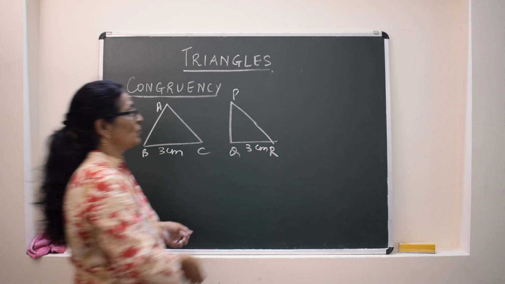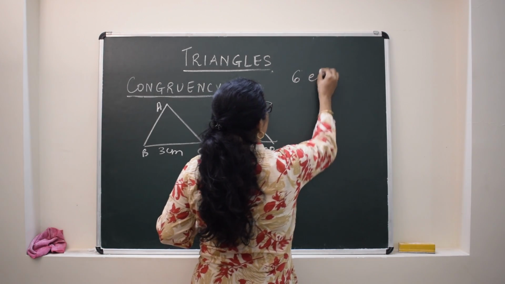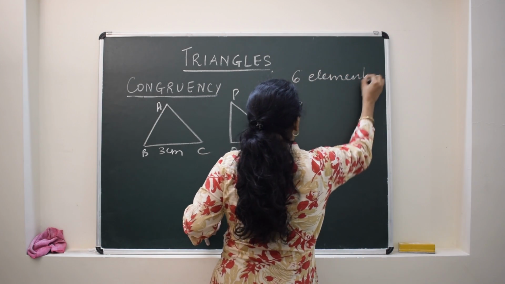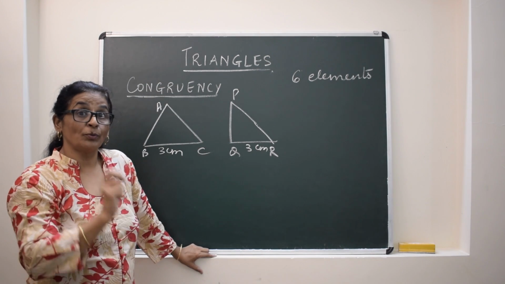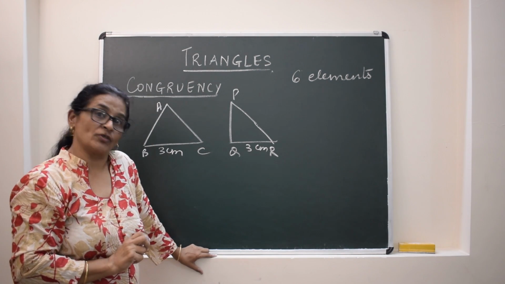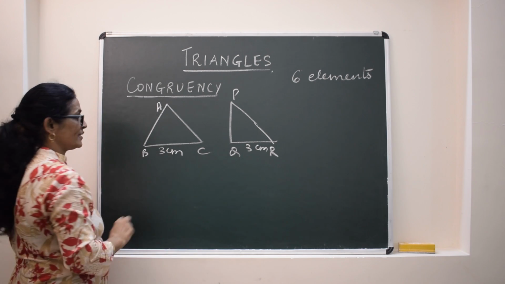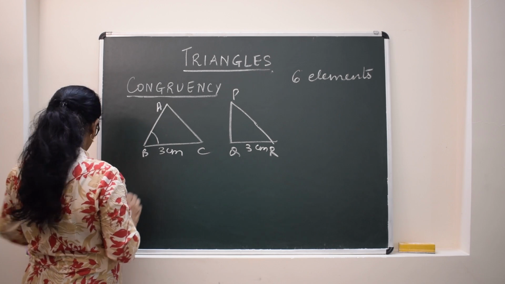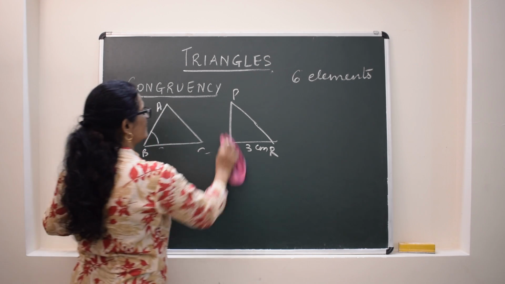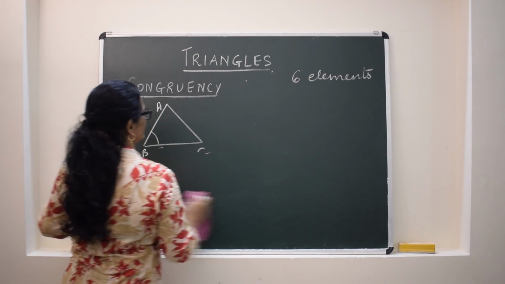No. So I discussed 6 elements with you. Now we will see how many elements are required to prove the congruency of 2 triangles. Similarly, if I say I have drawn 2 triangles, this is one triangle whose one angle is 60 degrees.